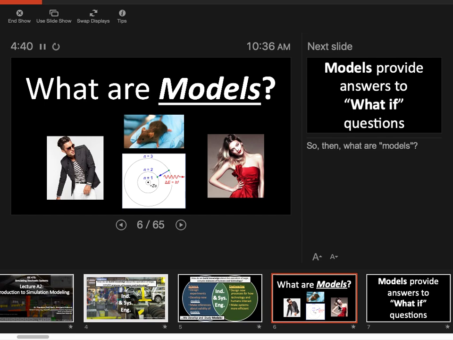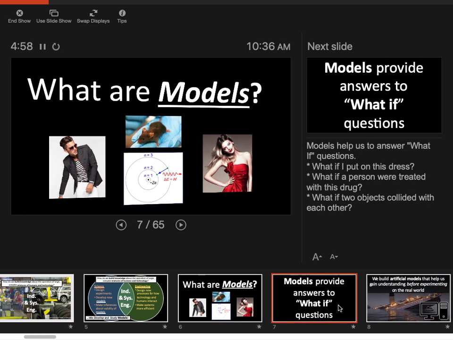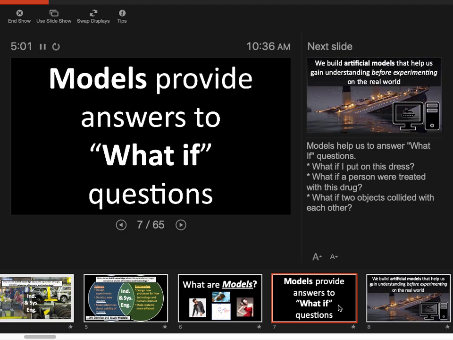So we talked about how there should be some general definition of a model that takes into account fashion models as well as the Bohr model of an atom, the model of an electron, as well as animal models. And my claim was that anything that comes under this name model answers, or at least helps you answer, a what-if question.